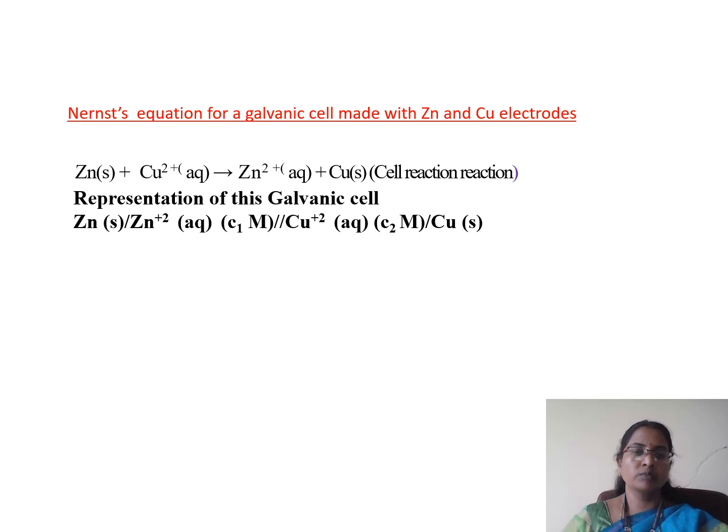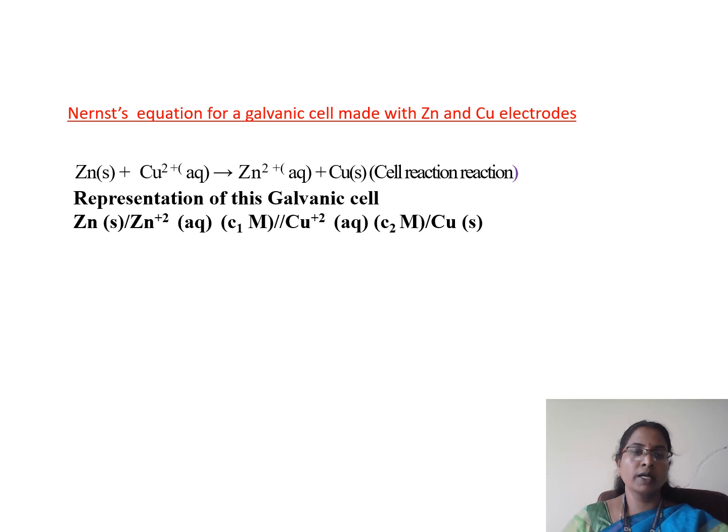Then the electrolyte. We can write a short form or full form of the electrolyte. Here the electrolyte is ZnSO4, as the zinc metallic rod is immersed in ZnSO4. So we write the metal first and then the electrolyte. The electrolyte concentration is represented in brackets, that is C1 molar.